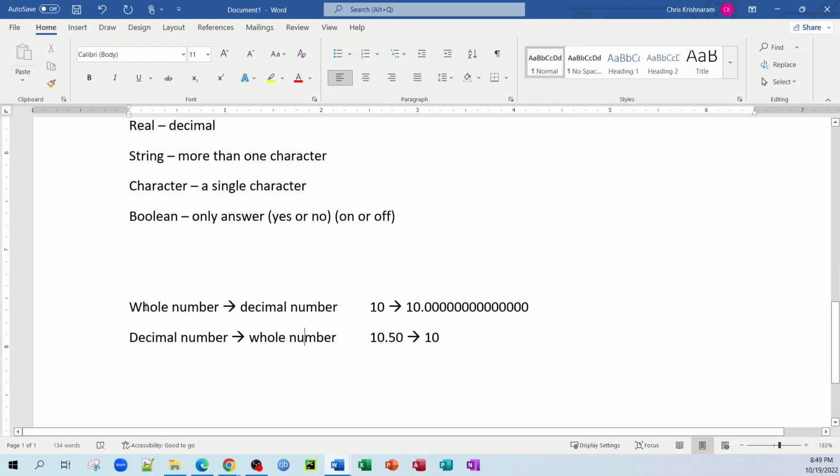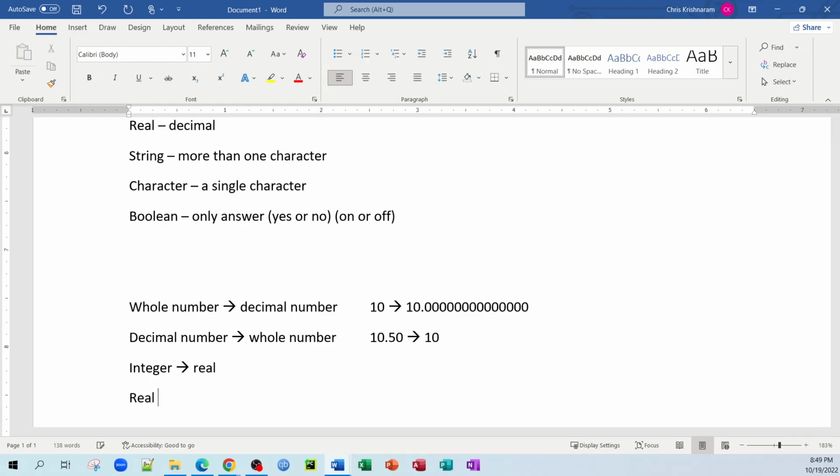So we just learned that you can store a whole number into a decimal, but you cannot store a decimal into a whole number. So if we interchange that with our data types, you can store an integer data type into a real, but you cannot store a real into an integer.